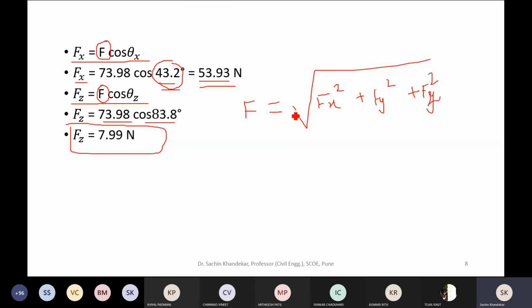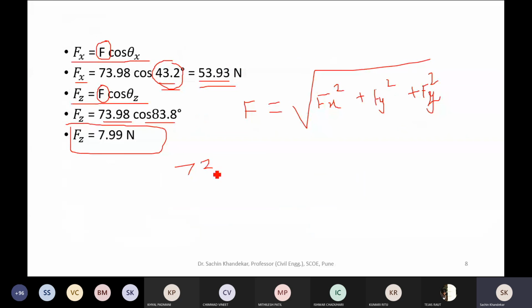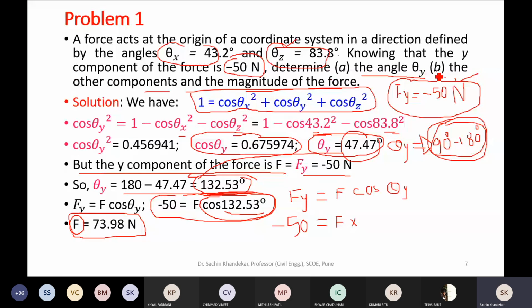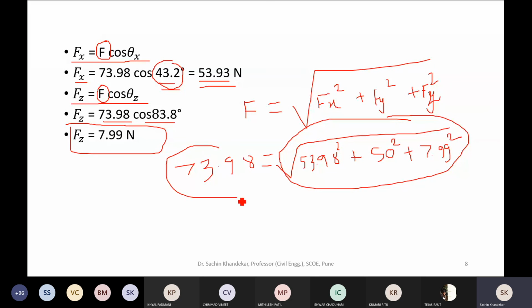The magnitude of F is 73.98, and this must equal the root of 53.98 square, plus Fy, which is minus 50 and becomes positive on squaring, plus Fz, which is 7.99 square. You can check whether the square root of this quantity is equal to 73.98. Yes, definitely you will get it.